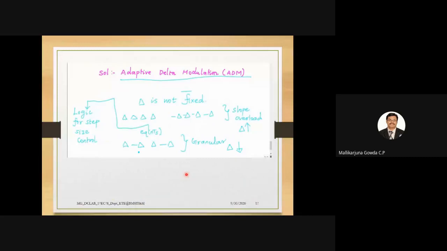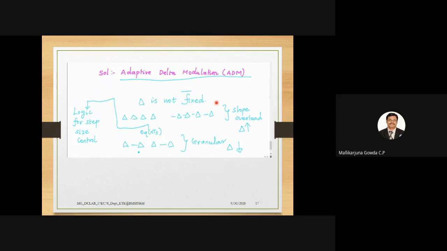Let us first execute the code of delta modulation. In the case of delta modulation, the value of delta is fixed, and if it is fixed, first for a fast varying input signal, what happens?